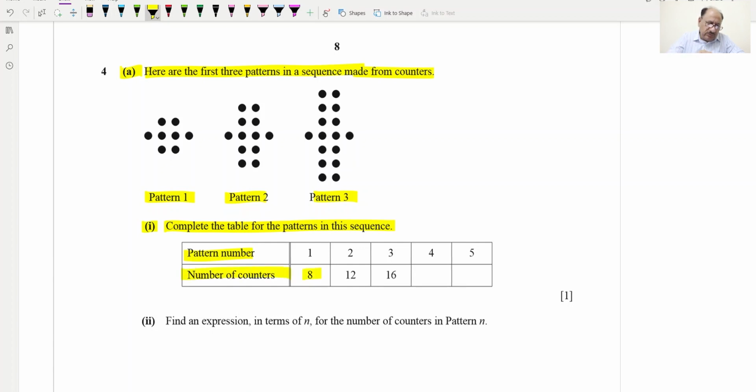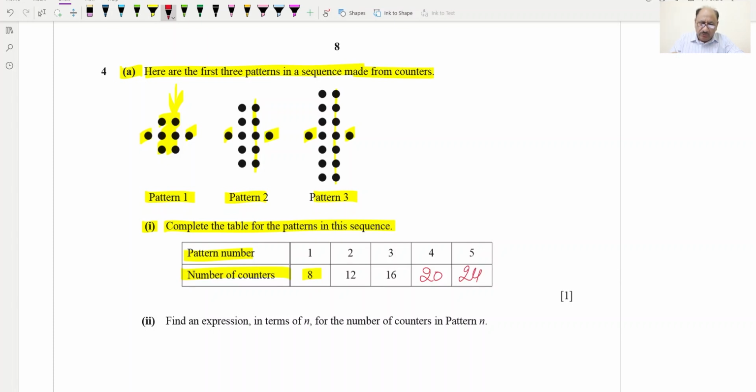So 8, these are 6, and 2 side is always having 2, and inside these are 3, then 5, then 7, and next will be 9, so it will be 18 plus 2 will be 20, so fourth will be having 20, and fifth one will be having 24.